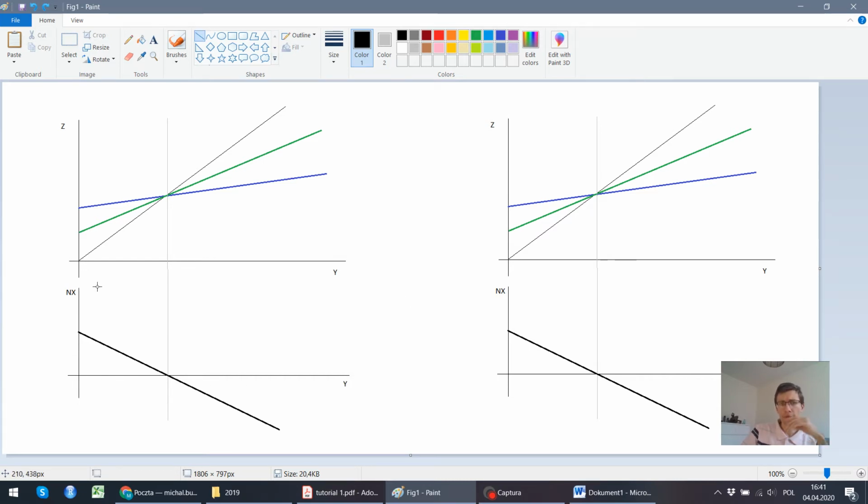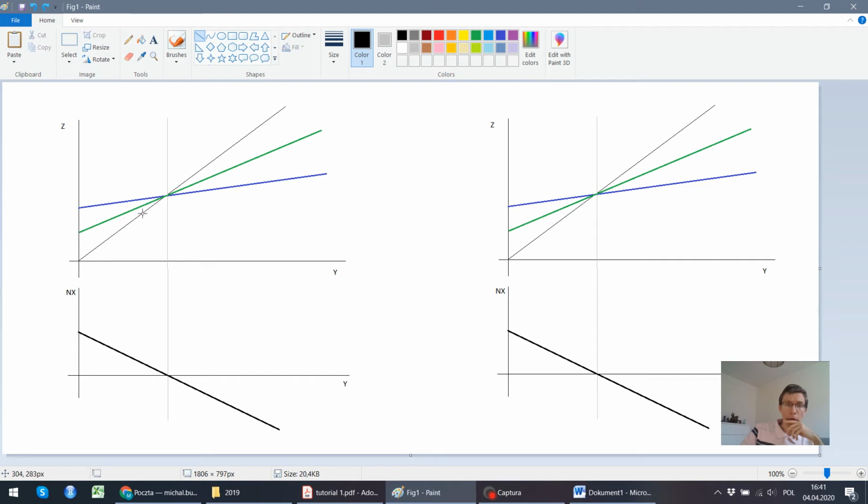I already put 4 lines on this graph. Hope that all of you are familiar with them. So the first and most important is of course the 45-degree line, which gives us those potential points which can be the goods market equilibrium, so that those points that equalize demand and supply, right?